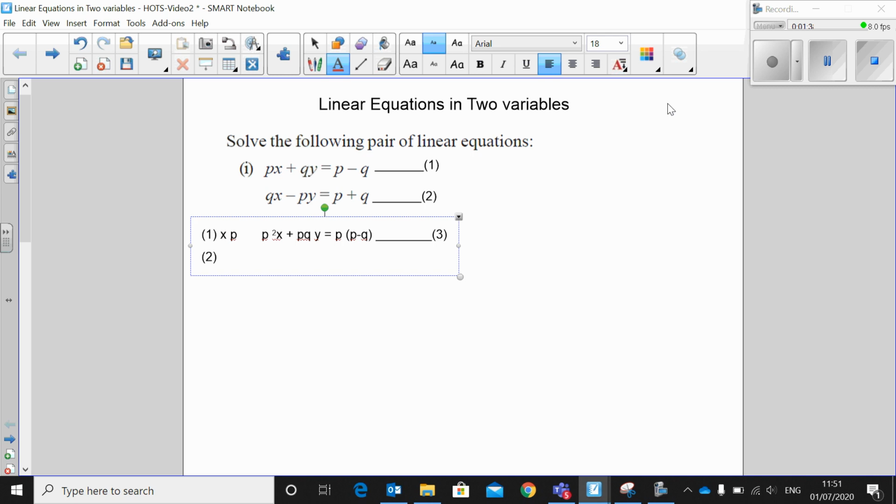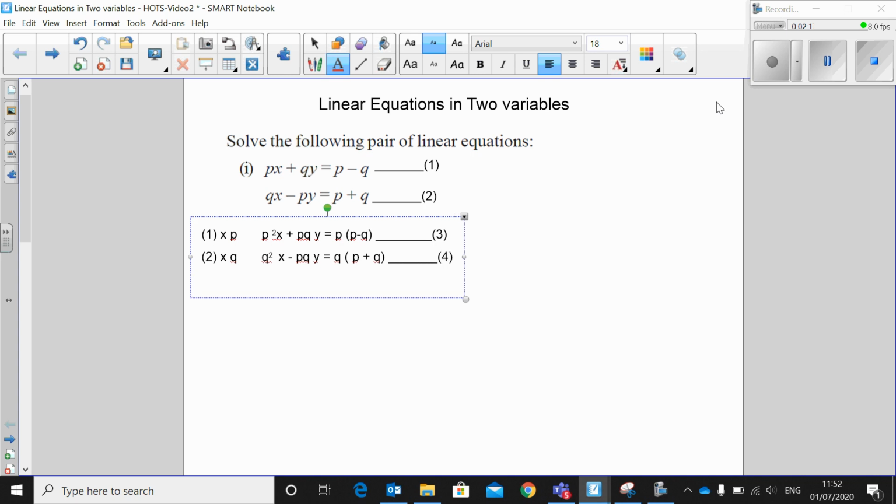Equation 2 multiplied by q gives us q square x minus pqy, which is equal to q times p plus q. This is equation number 4.